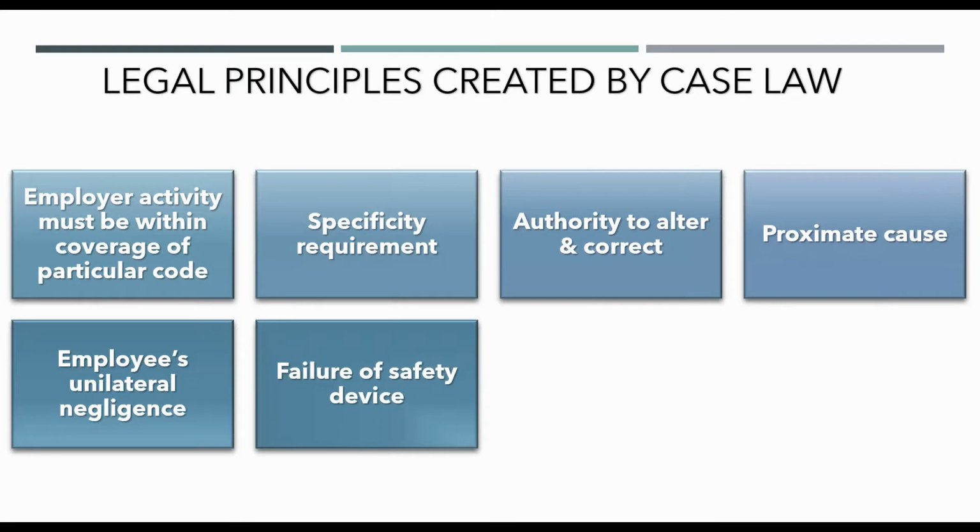Okay, what if you put a safety device or a safety guard on a piece of equipment and it fails? Say you have a pullback mechanism on some type of punch press in a manufacturing facility, and it complies with the requirements under the applicable safety code dealing with mechanical punch presses. But let's assume that it fails.